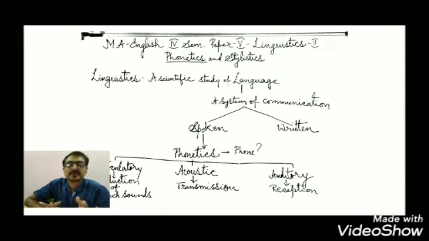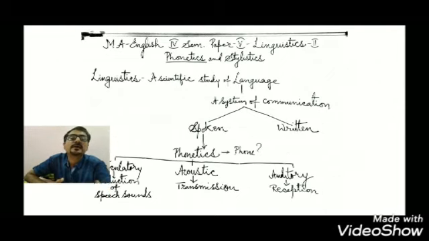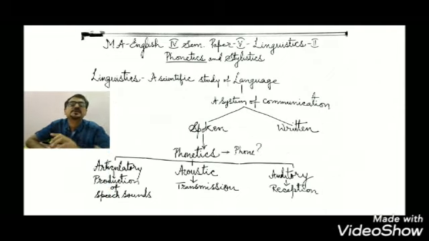And it is further divided into three branches. The term phonetics is divided into three branches. Now you can see articulatory phonetics, acoustic phonetics, and auditory phonetics.